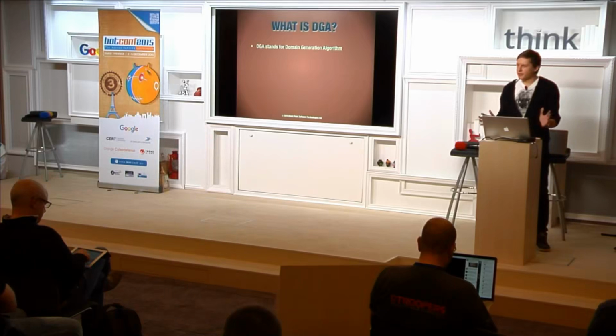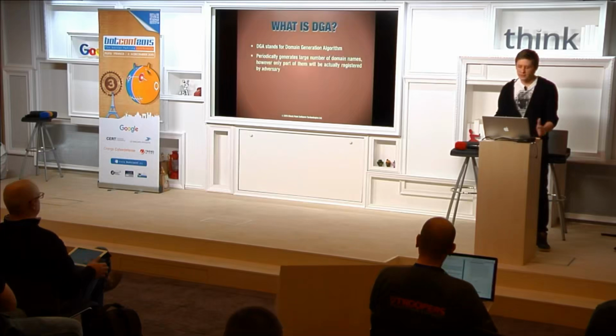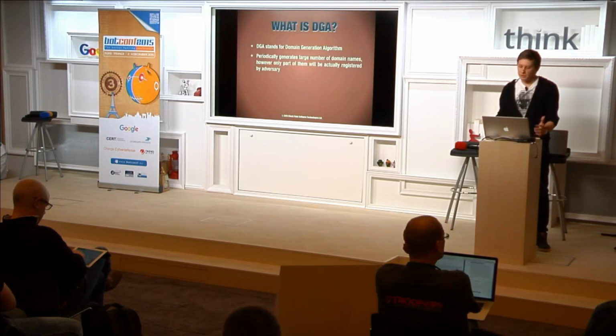DGA, I bet you've heard it a million times already, and nevertheless, let's discuss briefly what DGA is. DGA stands for Domain Generation Algorithm, and this algorithm periodically generates a large number of domain names, which are known to the malware author. The malware author then pre-registers a tiny number of those domains before the start of the campaign.